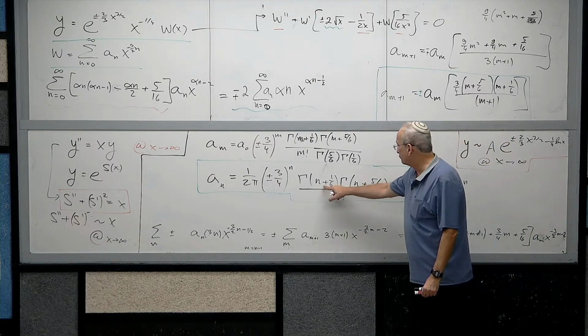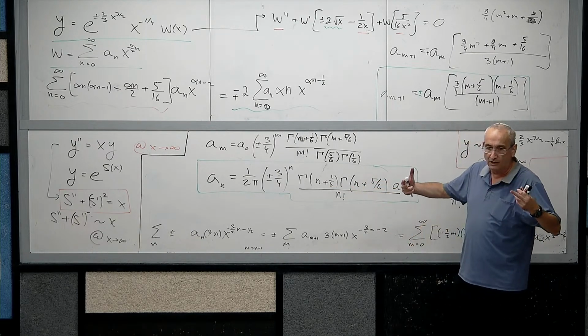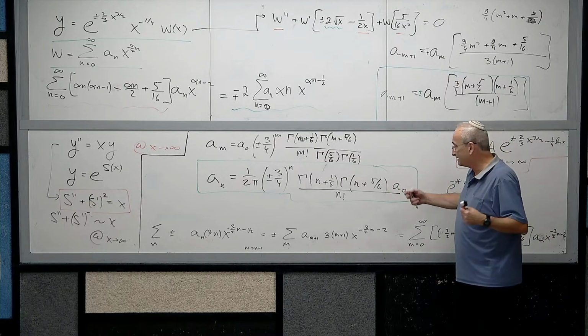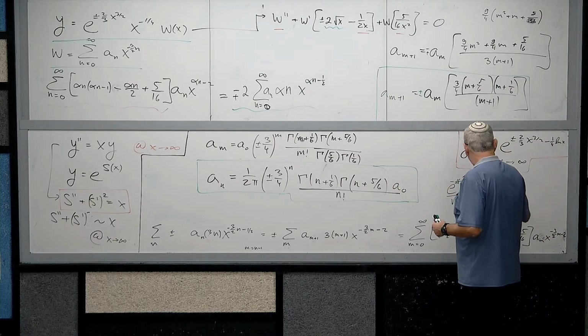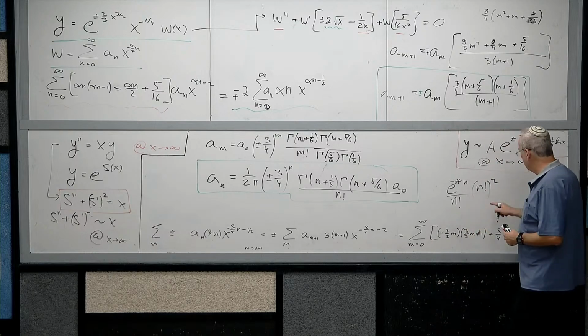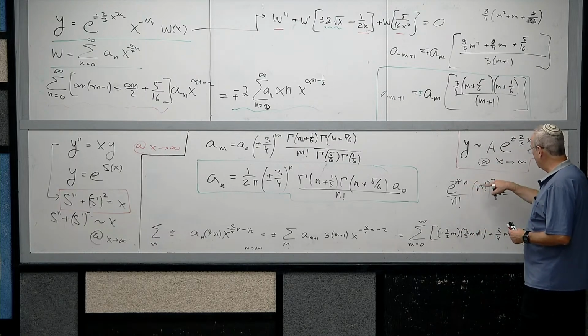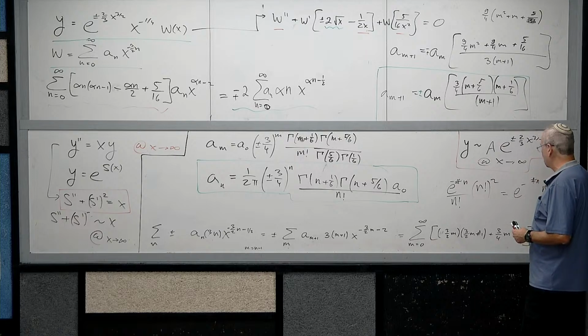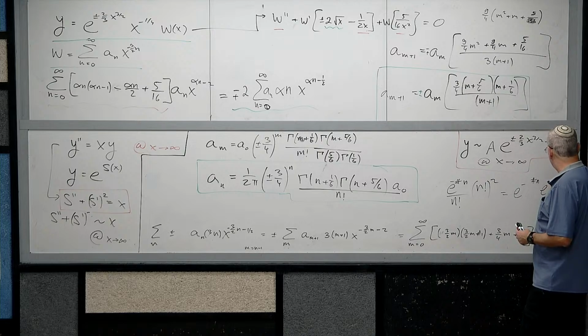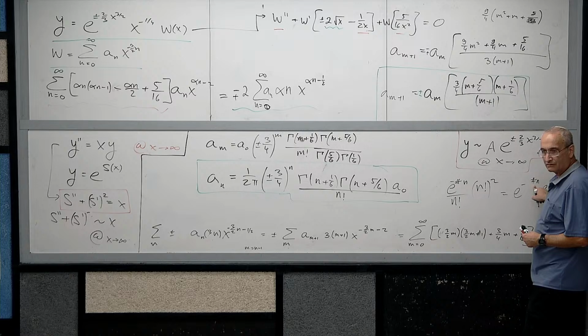However, I have these two gamma functions that behave always like factorial. So I have n factorial squared here. And this will go like e to the minus something times n, and since n factorial is going like e to the n ln n, it will win against that, no matter what.